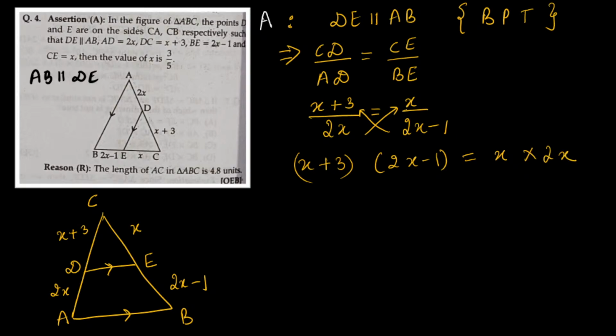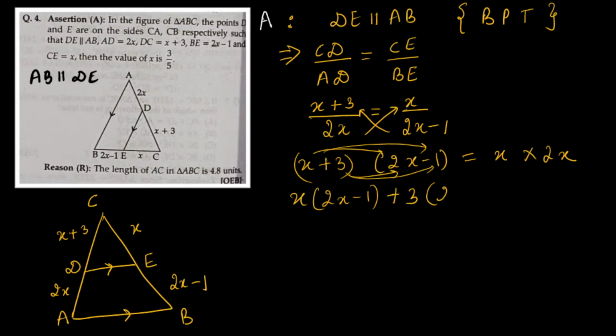Now first bracket multiplication we have to do. So x, the first term, we have to multiply with both terms of the second bracket. So x into 2x minus 1, first term of first bracket, then full second bracket, plus 3, second term of first bracket, and then full second bracket.